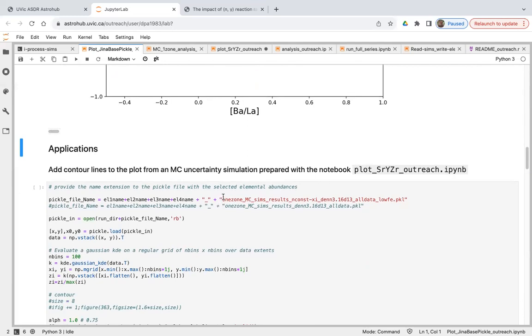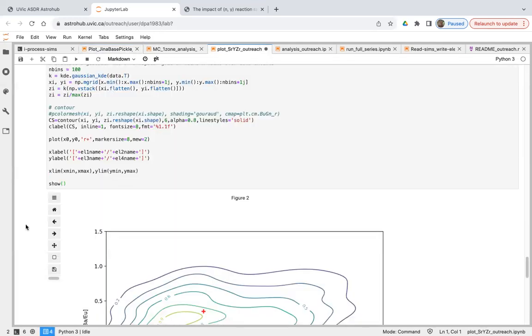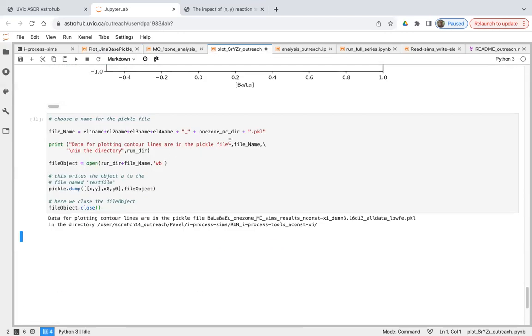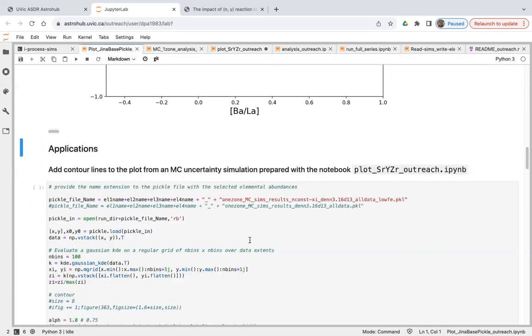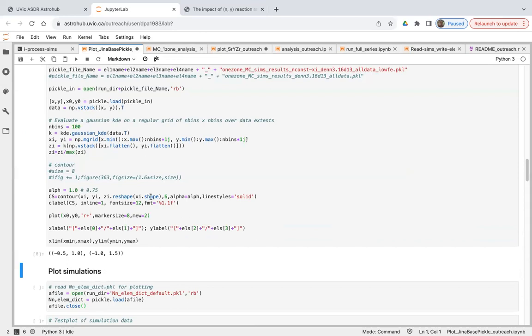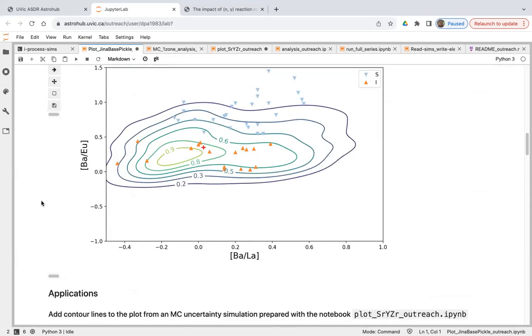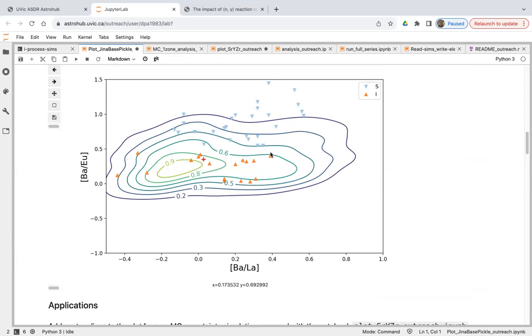You only have to check that the right name of the pickle file is used. The name of the pickle file is just the name of the directory with Monte Carlo simulation results plus .pkl. This is what was created here, right? This file with the name of our Monte Carlo results directory. Now this cell adds, as you can see, the contour lines overplotted on the observational data.